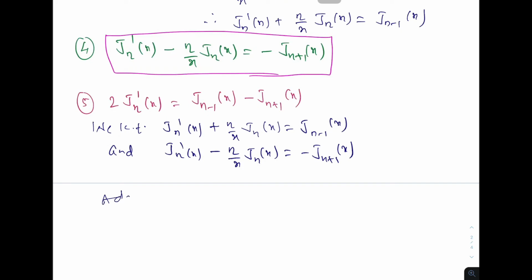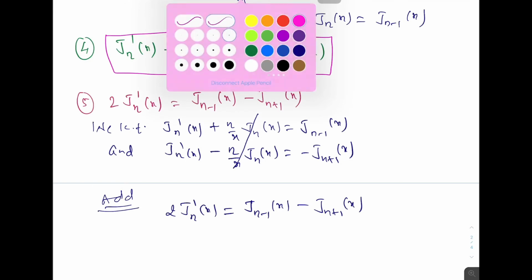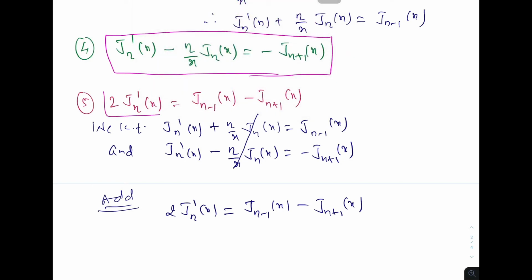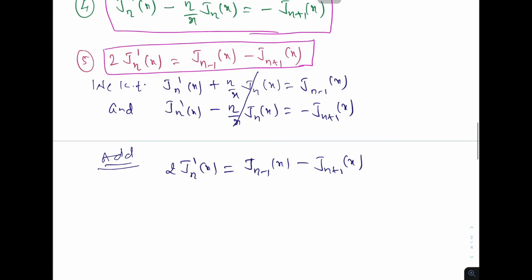So if we add these two, then we have 2 Jn dash x, this cancels, is equal to J n minus 1 x minus J n plus 1 x. So that's the result. We want 2 times this Jn dash x equal to J n minus 1 x minus J n plus 1 x.